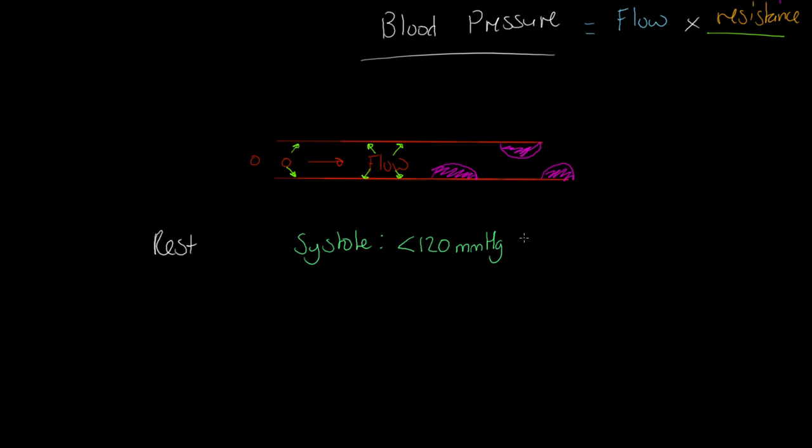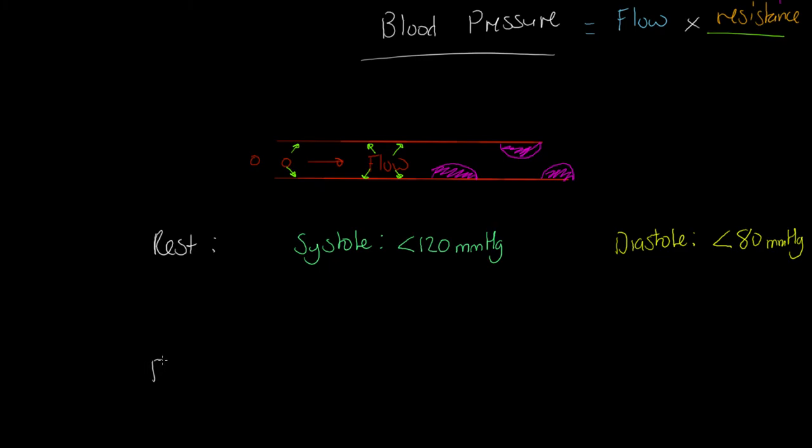That's when the heart is contracting. You should also be aware of our diastole or our diastolic value. This is when the heart is relaxing in the relaxation phase. And we tend to find that healthy people will have a blood pressure of 88 millimeters of mercury as a value. Again, I'm not going to get into what the unit is and why it's that.